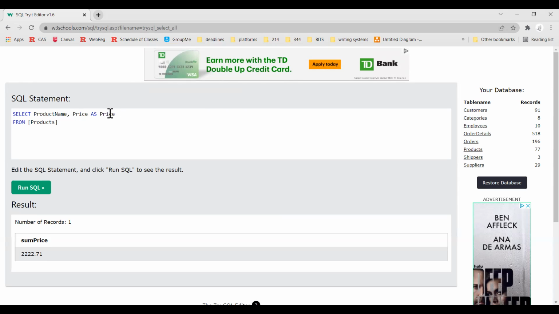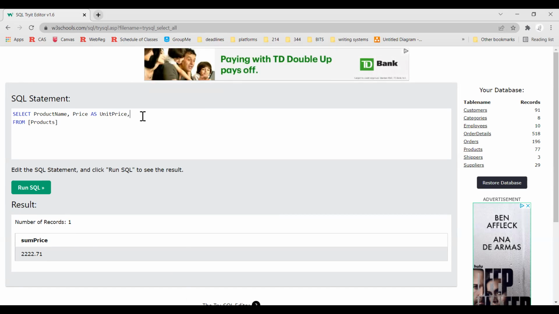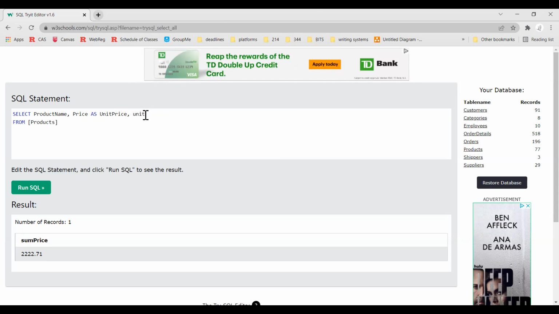Price. So just the price of one is going to be called unit price. I'll go with camel case to match. In case anyone isn't familiar with coding and doesn't know what camel case is, I think it's when you start with lowercase letters and then capitalize the first letter of each following word, but it's something along those lines.